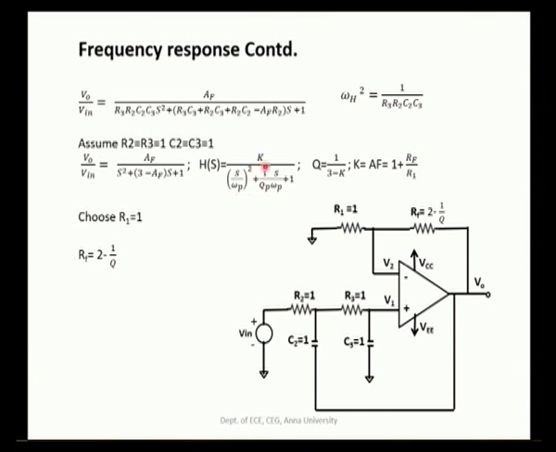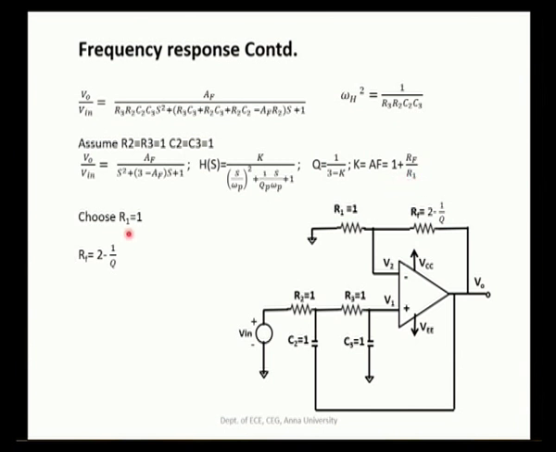In place of 1 by Q p, what we have here is 3 minus AF. So 1 by Q p here is 3 minus AF, so Q p here is 1 by (3 minus K), and here K is AF, the non-inverting amplifier's gain, which is given by 1 plus RF by R1.